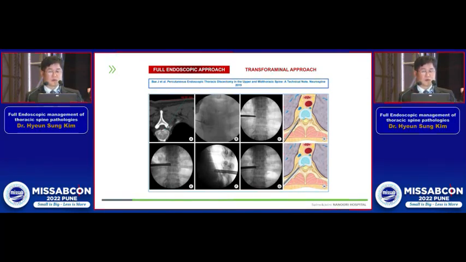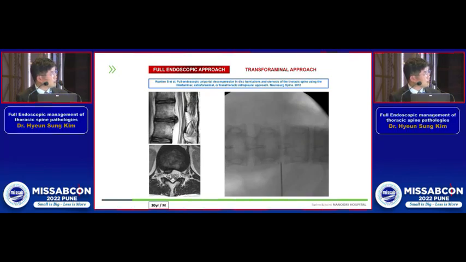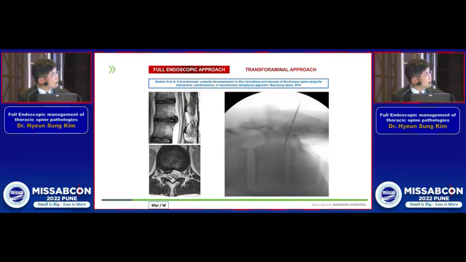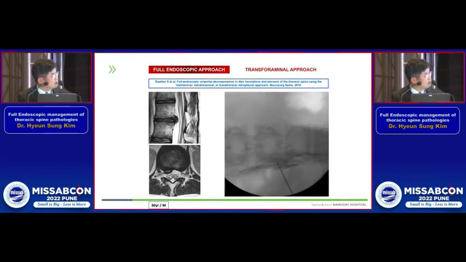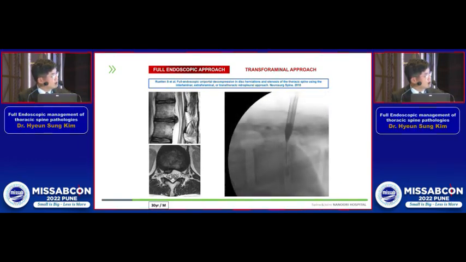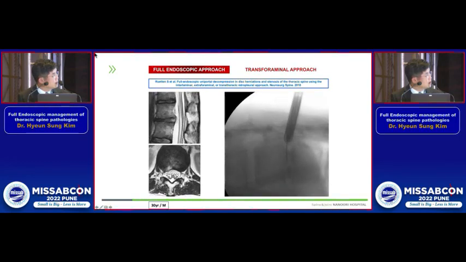It needs more widening of the foraminal space, some drilling, resection of the articular process, and sometimes the facet joint can make an easier way to the target point. For example, this case is simple. The disc pathology can first be docked at the foraminal space, then the working channel inserted. After that, the disc can easily be removed with this approach.